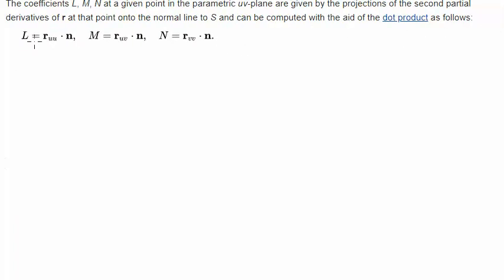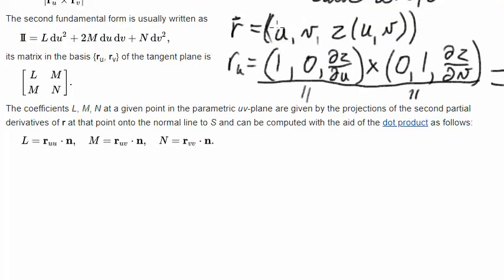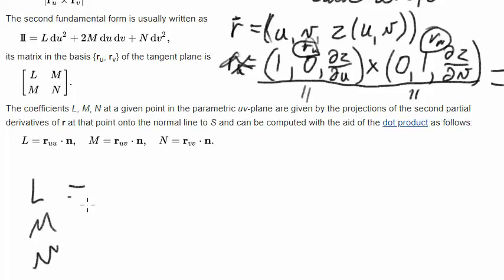Let's look at what this says when we've got r. This is r sub u right here, this is r sub v right here, and we're going to take L. Let's do LMN, and L is 0, comma, 0, comma, del squared z del u squared.